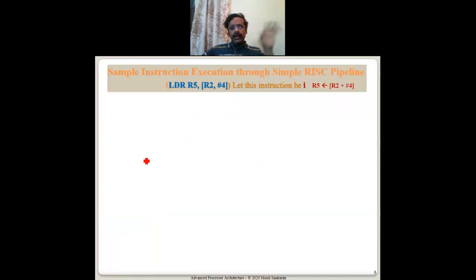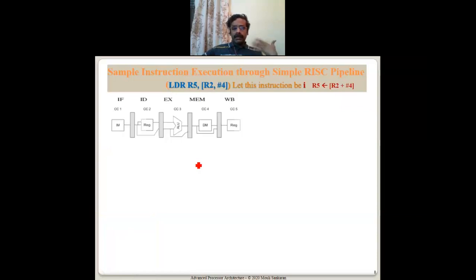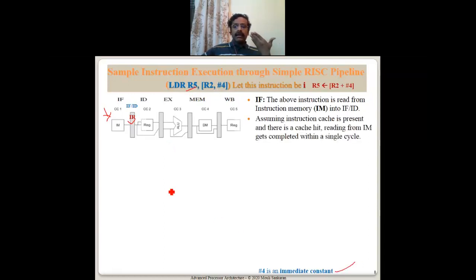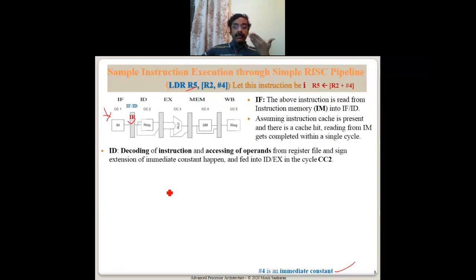Now we'll quickly go through the pipeline, because now you are all aware how things go. So this instruction is coming in. I'm again assuming that only this instruction is flowing through the pipeline. The instruction register holds the content of the instruction, which has the information about what is to be performed. The immediate constant is also there along with the instruction. Decoding has happened.